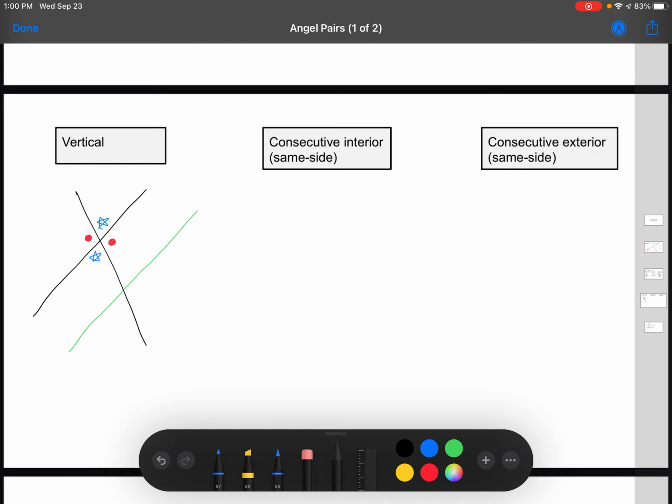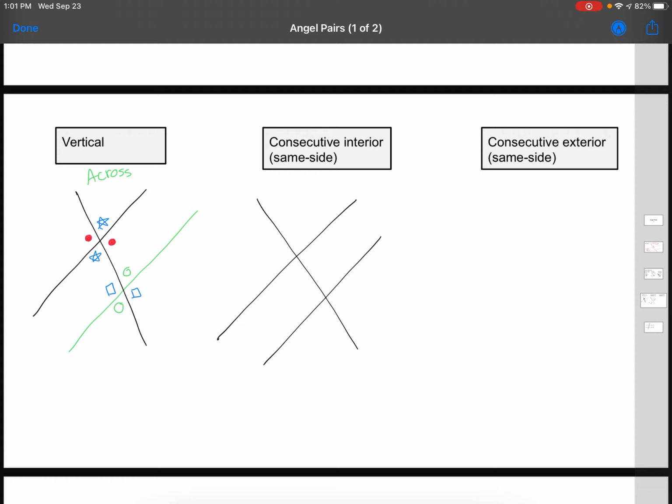Okay, so my other pairs, I've got this with this, and then this one will go with this one. All right, so vertical are across from each other. Consecutive interior is also called same side interior.